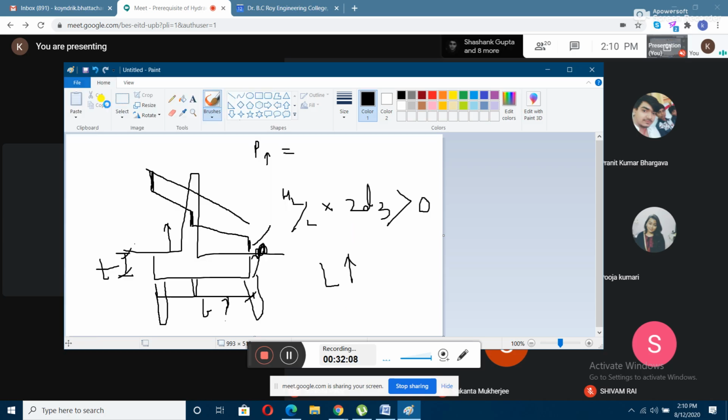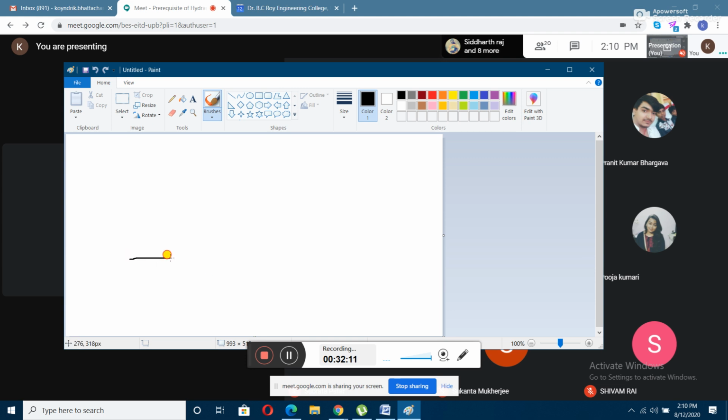Let me change the page. This is your weir. Let the hydraulic gradient line be uniform like this, for our calculation purpose. Let there be any point on the hydraulic line, suppose a point P. Let the head of water be denoted by H, and the thickness here be small t.